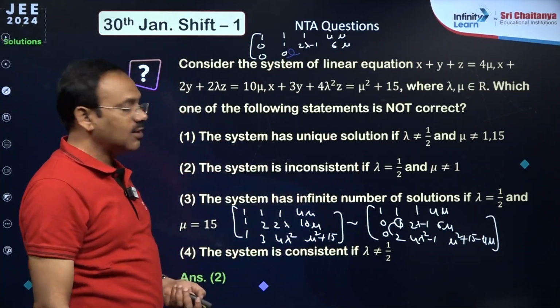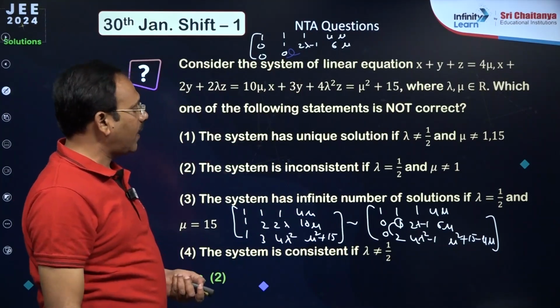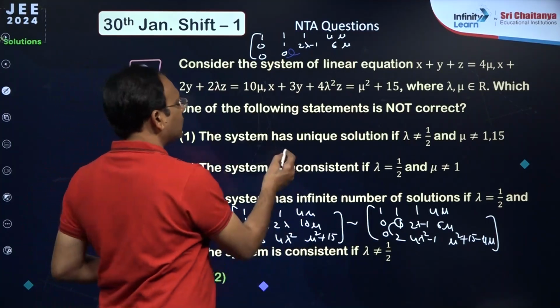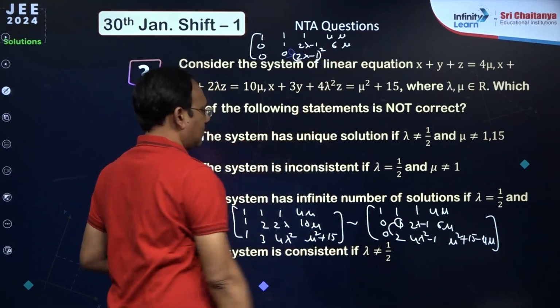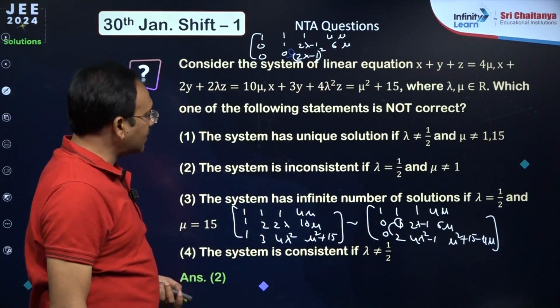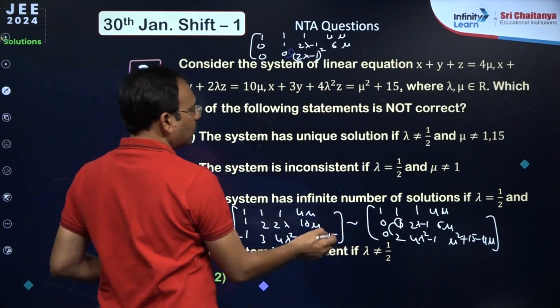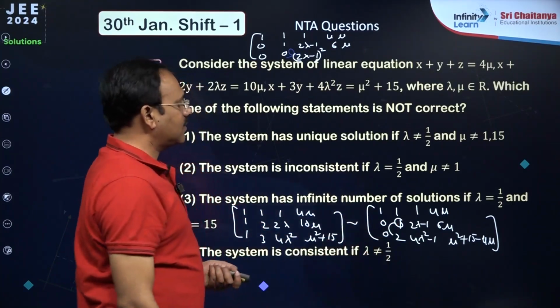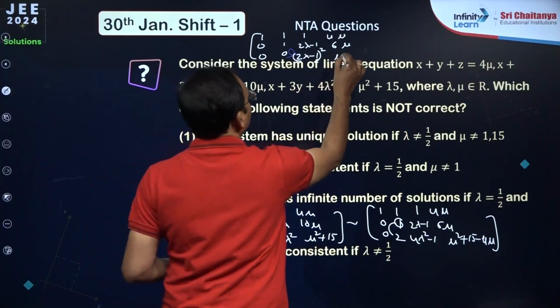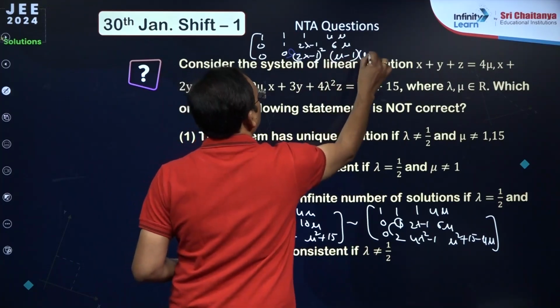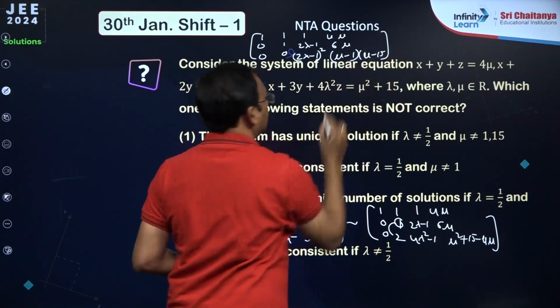If you subtract, 4 lambda square minus 4 lambda plus 1, which is 2 lambda minus 1 whole square. Next, my dear friends, double and subtract means 16 mu. Mu square minus 16 mu plus 15 means mu minus 1 into mu minus 15 you will get.